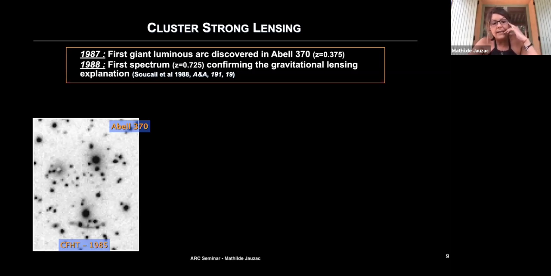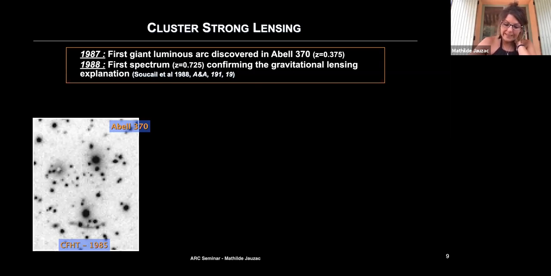In 1988, they published a spectroscopy of this feature and realized that this was a galaxy, an object that was behind the cluster. The cluster is at 0.375 in redshift, and this object is at 0.725. So that was the first confirmation of cluster strong lensing.